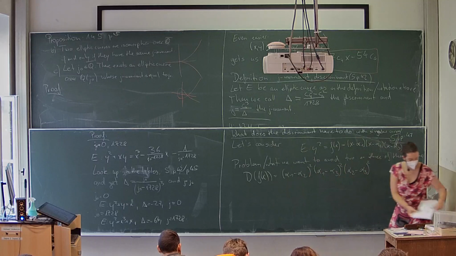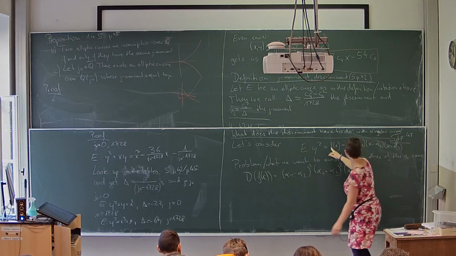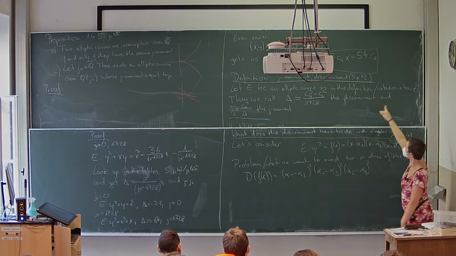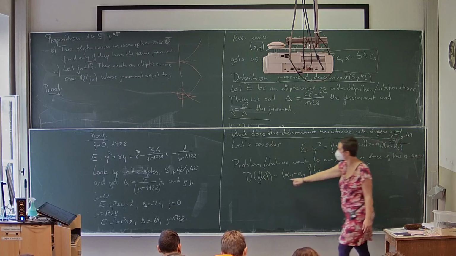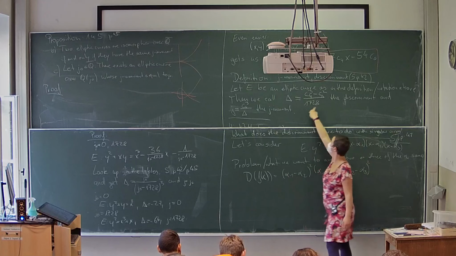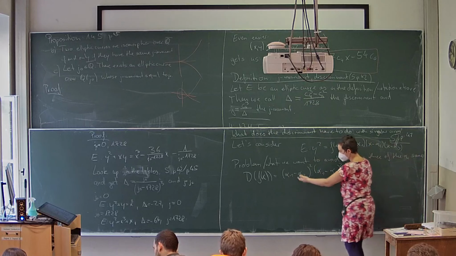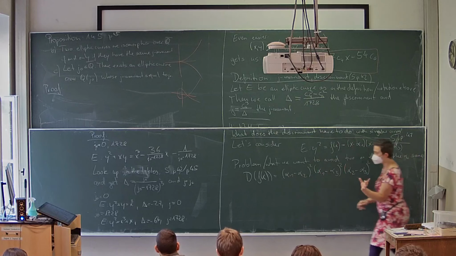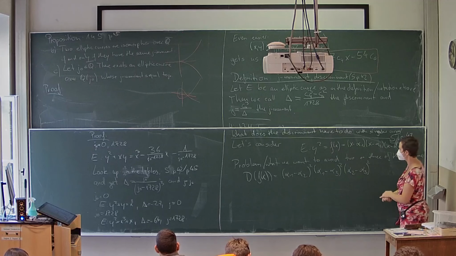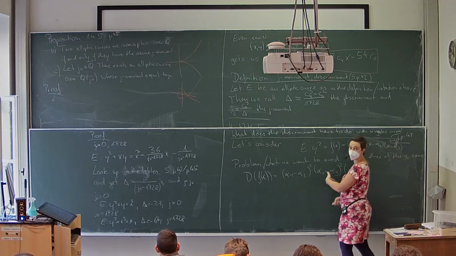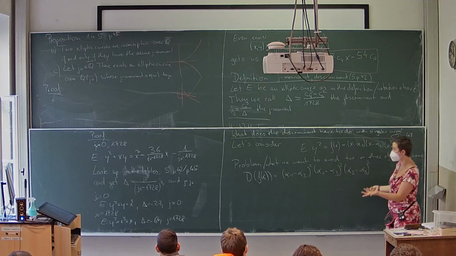We can show that for the form that we have here, this discriminant is the same as this discriminant. As we can see by looking at it, if 2 of the alpha i are the same, or even if 3 of the alpha i are the same, this will be 0. And it's an if and only if.